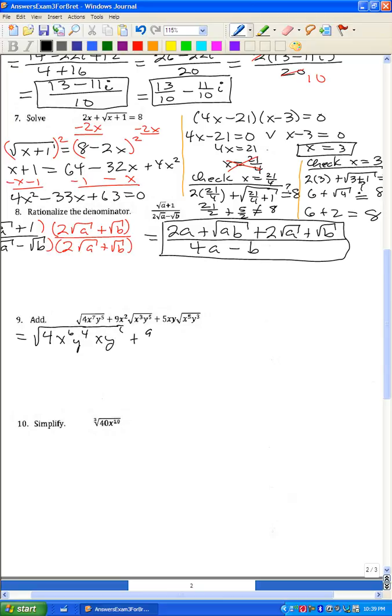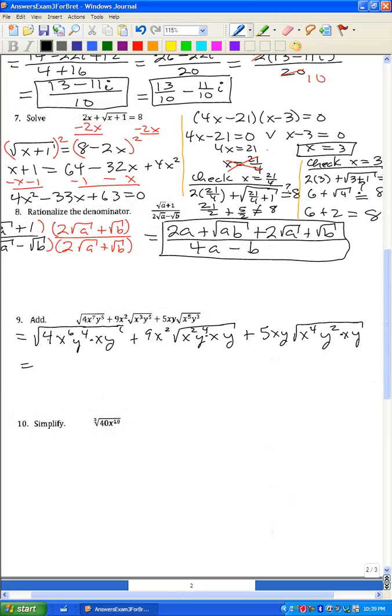I can rewrite x cubed as x squared times x. And y to the 5th is y to the 4th times y. And lastly, I can rewrite x to the 5th as x to the 4th times x. Y cubed is y squared times y. And so, let me just put a little multiplication symbol there.